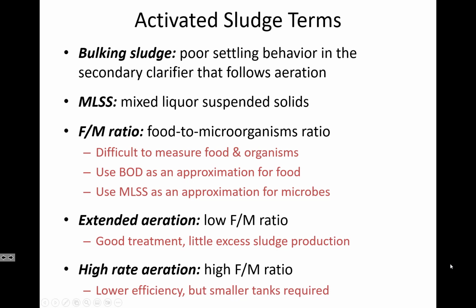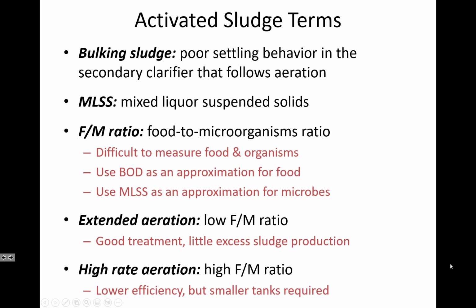Of course, we've talked about the mixed liquor suspended solids and how that's the biologically active portion of the suspended solids that are being recirculated, and it's the cells that enable the waste to be broken down much more quickly in the aeration basin. And one of the ways that we are able to control the type of microorganisms that are going to thrive in the aeration basin is by how much food we load relative to the mass of microbe life inside of that reactor.